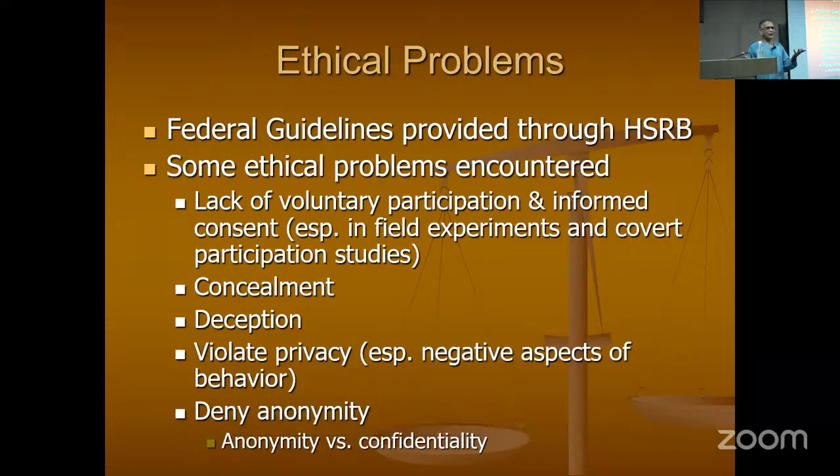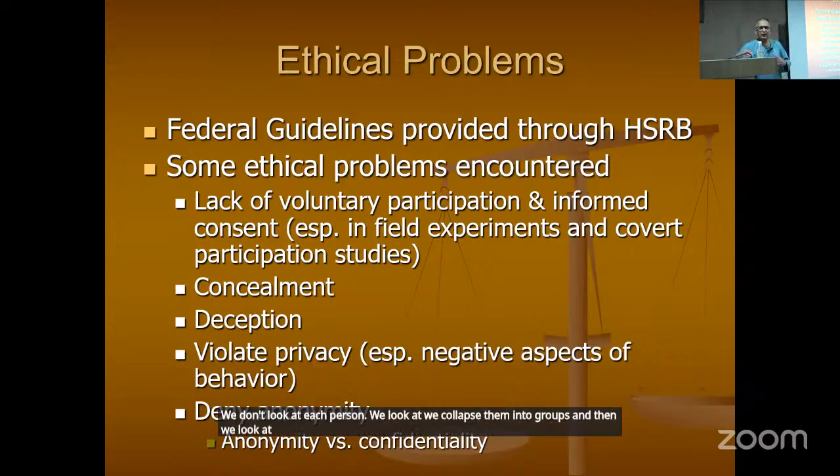We don't have that information. So we are going to obviously make it public, but you will remain anonymous because we only deal with aggregate data. We don't look at each person. We collapse them into groups, and then we look at male versus female, young people versus older people. So that's the other thing. Anonymity versus confidentiality.